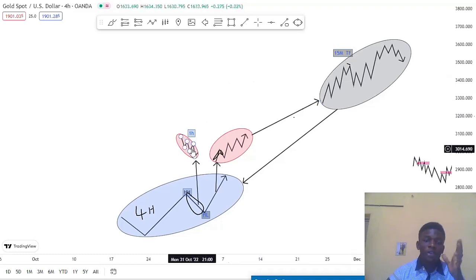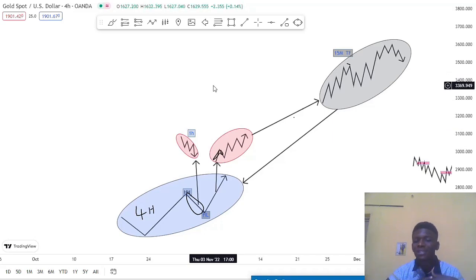If you're using an hourly as your structural time frame, make 5 minutes your entry time frame. If you are using daily as your structural time frame, make hourly your entry time frame. With this, you make trading very, very simple. The best setup you can have is the one with the simplest form of approach.